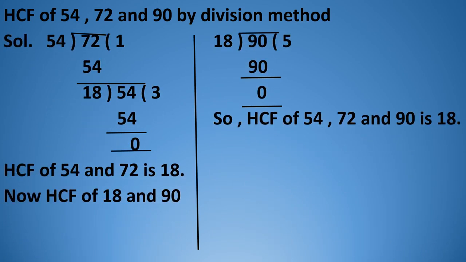I am taking here 54 and 72. So find out the HCF of 54 and 72 by division method. For this we will divide the greater number by the smaller number, that is 72 is divided by 54. 54 ones are 54.